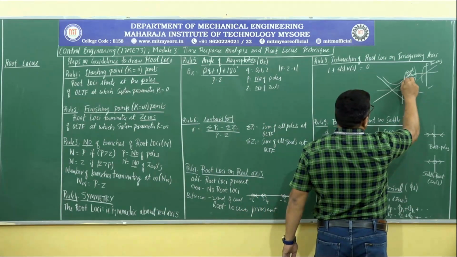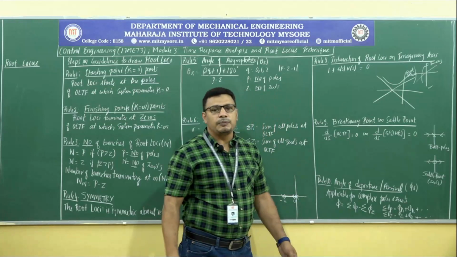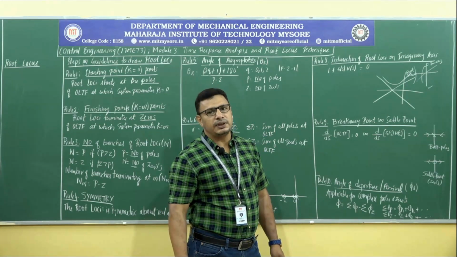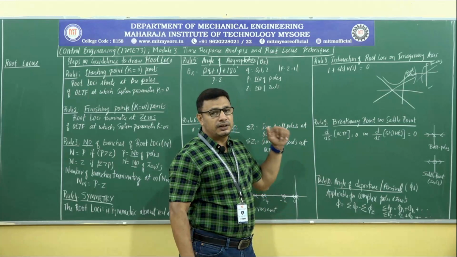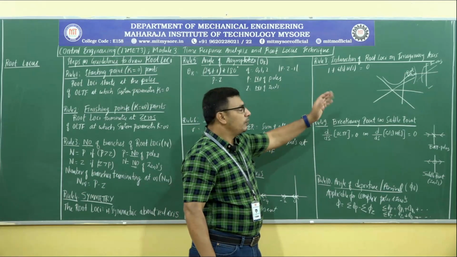That point is called the intersection of root loci with the imaginary axis. So, where exactly it is crossing, you must know.